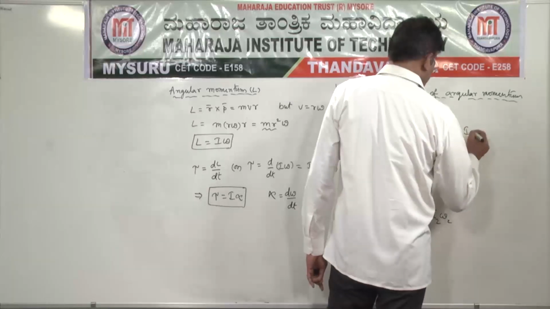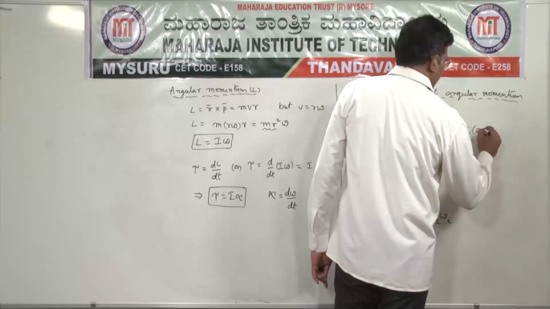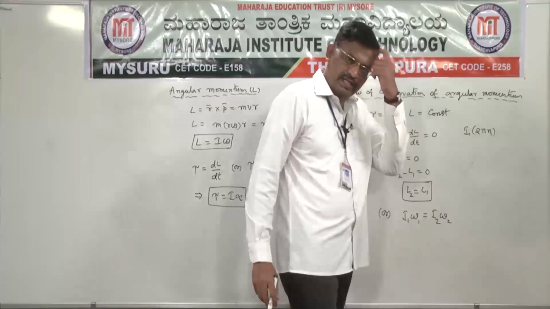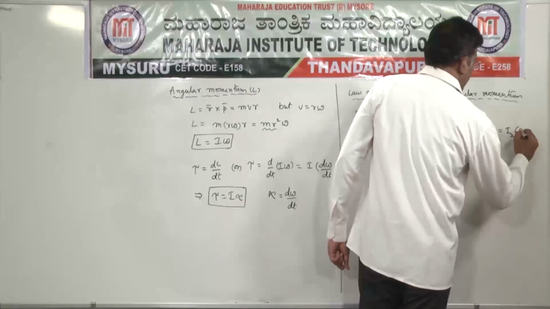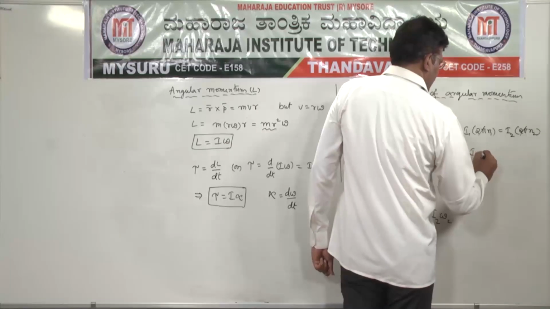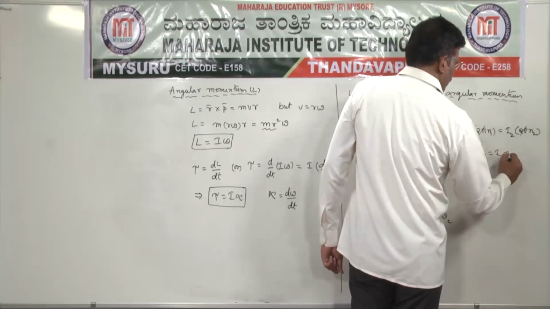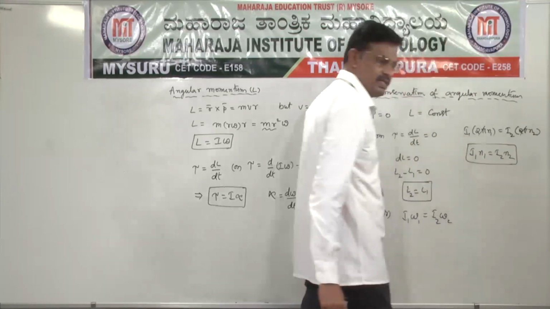Omega can be written as 2 pi n1, where n1 is the number of rotations per second or frequency, so I1 into 2 pi n1 is equal to I2 into 2 pi n2. Both sides 2 pi cancel, so I1 n1 is equal to I2 n2 in terms of the number of revolutions made per second.